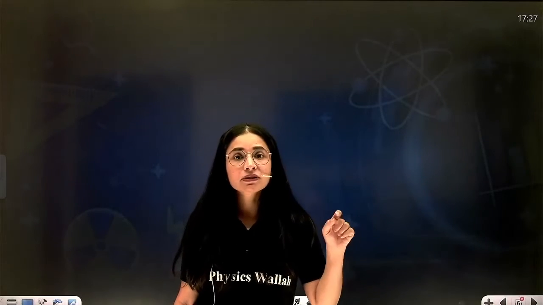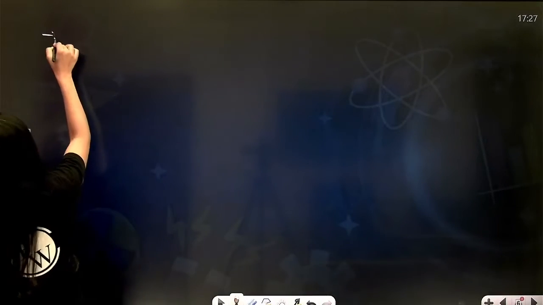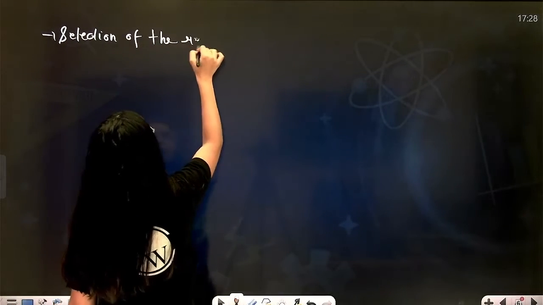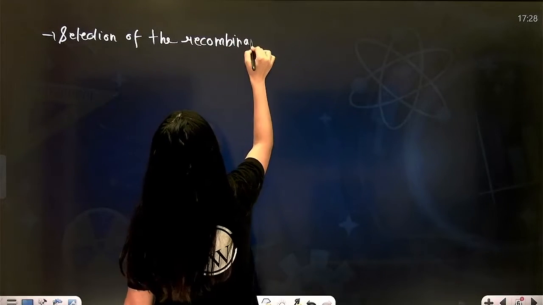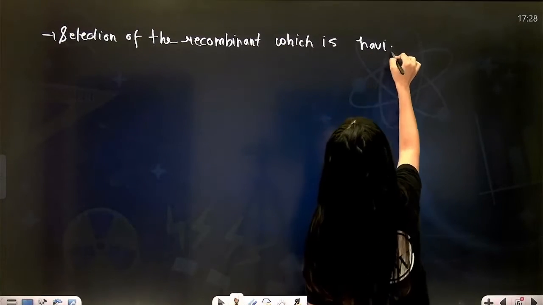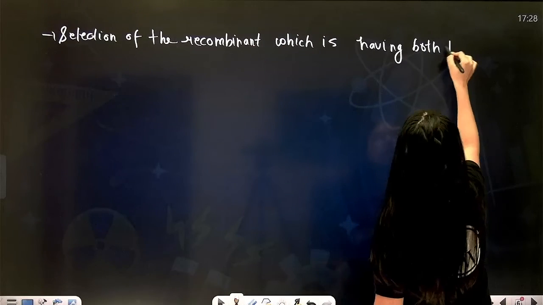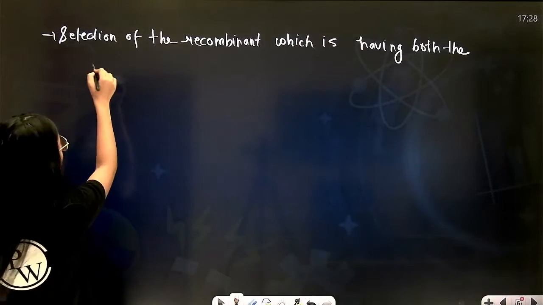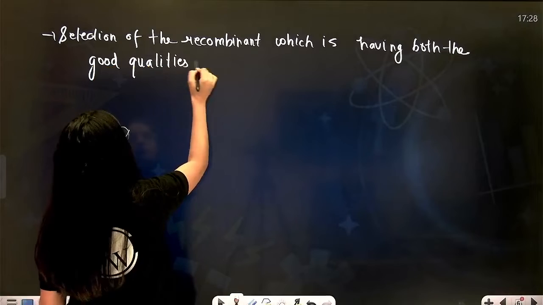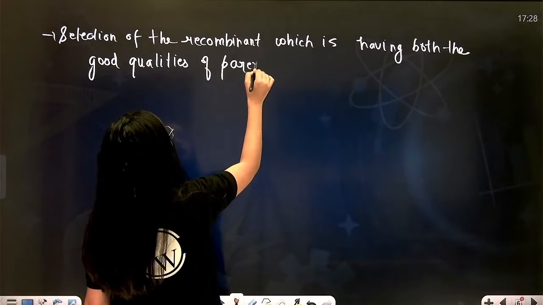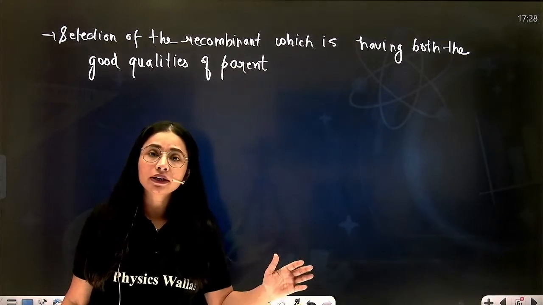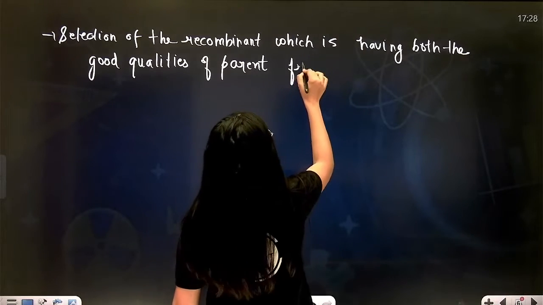So this becomes a very crucial step, that is selection of the recombinant having both the good qualities of the parent from the total offspring produced.